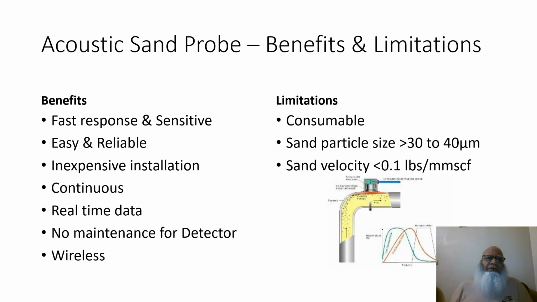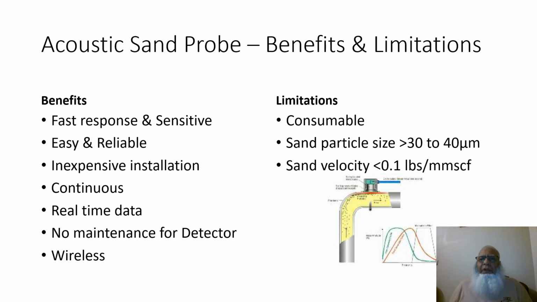This slide shows acoustic sand probe benefits and limitations. Benefits: this technique is fast, responsive, sensitive, easy and reliable. Inexpensive installation. It can monitor the actual erosion rate continuously. It gives you real-time data. No maintenance for the detector. It is a wireless technique.